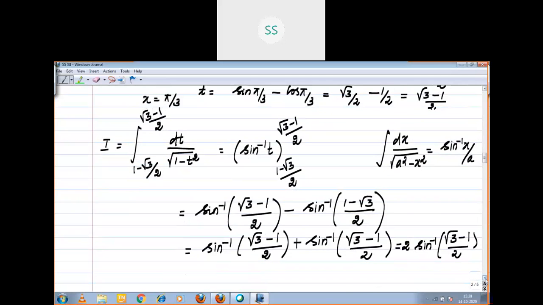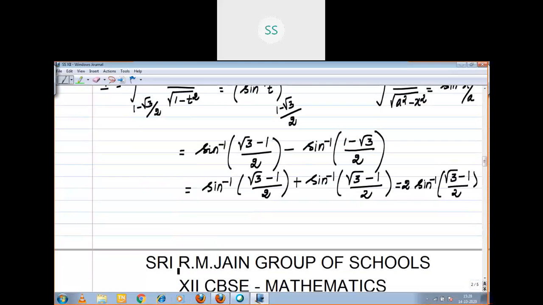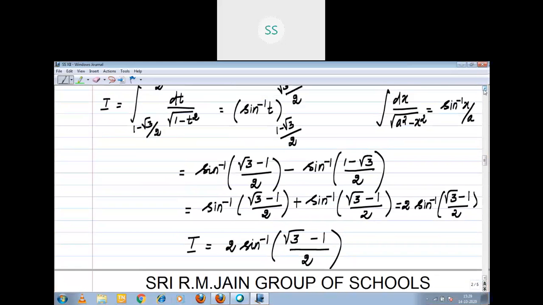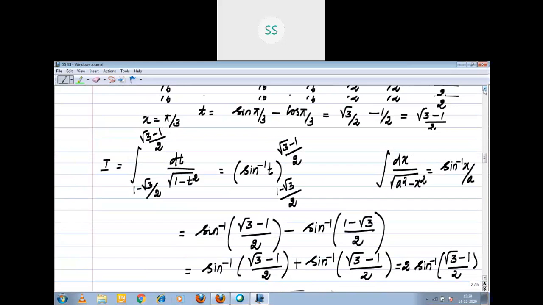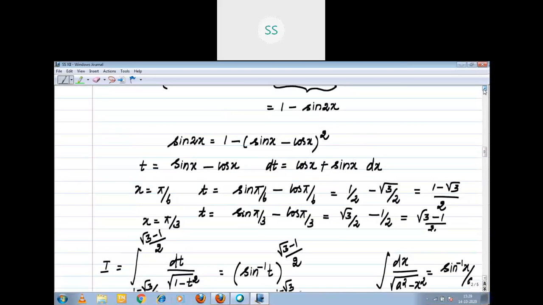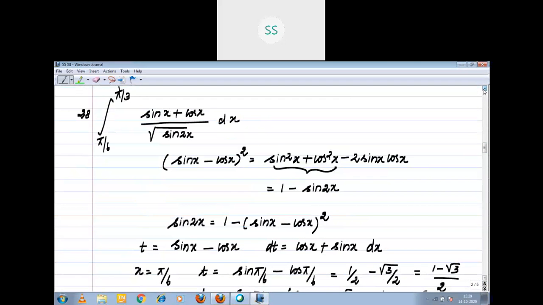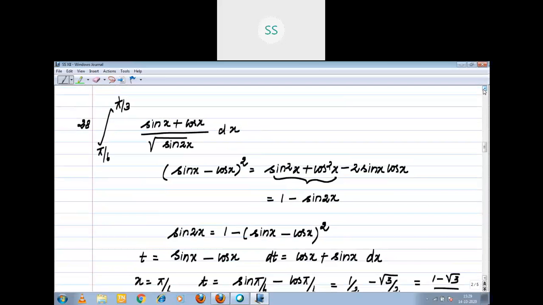Sin inverse of (root 3 minus 1) divided by 2, minus into minus plus, sin inverse of (root 3 minus 1) divided by 2. Here I took minus as common. Minus of (root 3 minus 1), minus into minus plus, which is equal to 2 times sin inverse of (root 3 minus 1) divided by 2.